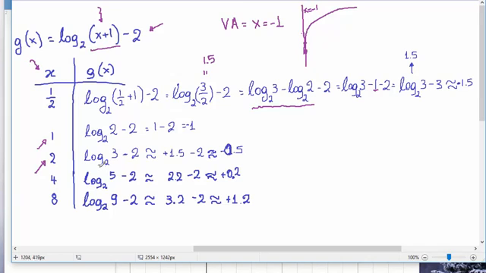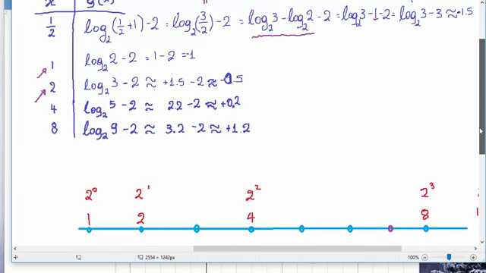Well, I can show you a relation of numbers and logarithms. Let's put down on the line of real numbers the numbers that are perfect powers of 2. 2 to the 0 is 1, 2 to the first is 2, 2 to the second is 4.